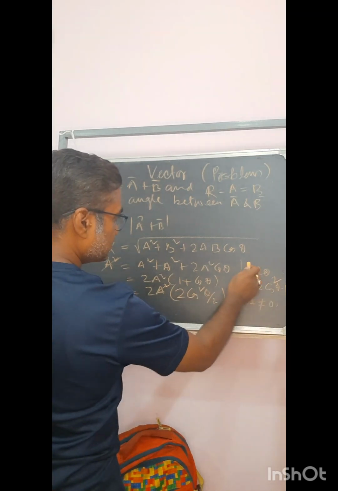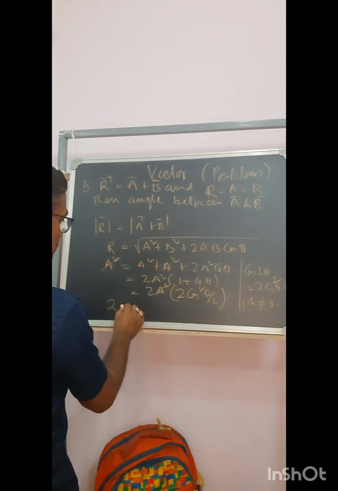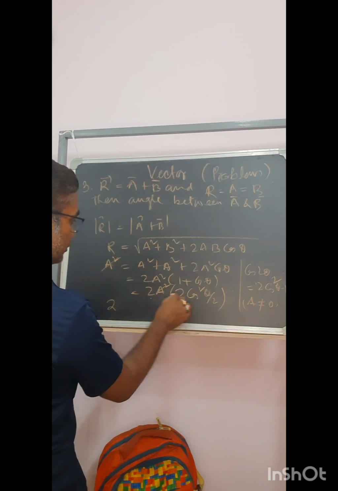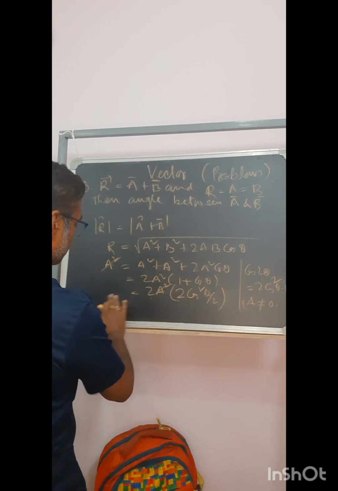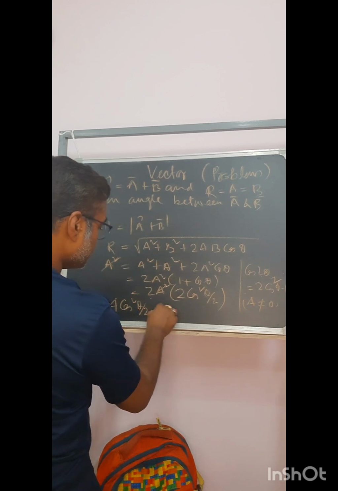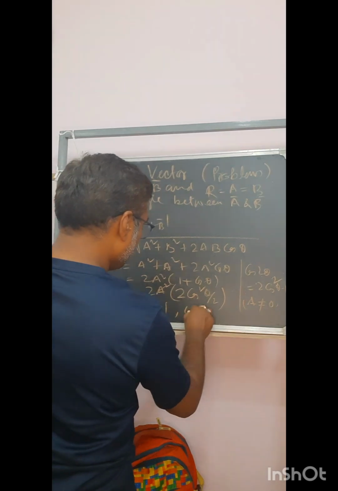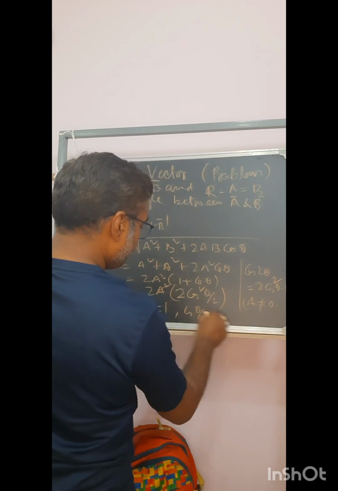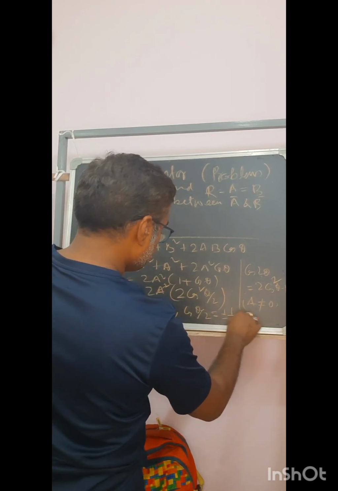So 1 plus cos theta is 2 cos square theta by 2. So that will give 2 into 2, 4. That means 4 cos square theta by 2 is equal to 1, or from here cos theta by 2 is equal to plus minus half.